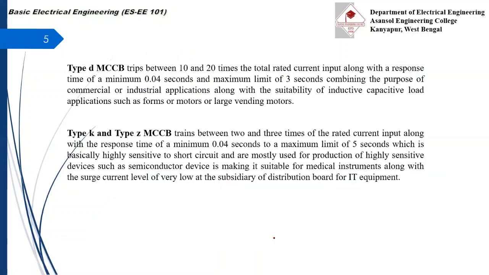Type D, 10 to 20 times the total rated current input and minimum response time 0.04 second to maximum 3 seconds. So it is faster. And type Z and type K are 2 to 3 times, and sensitive from 0.04 seconds to 5 seconds.